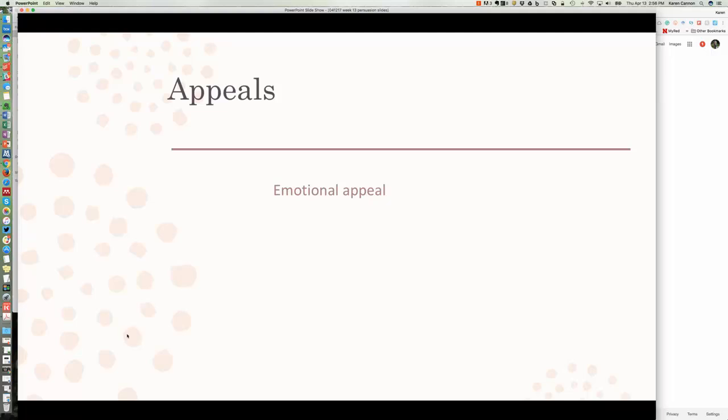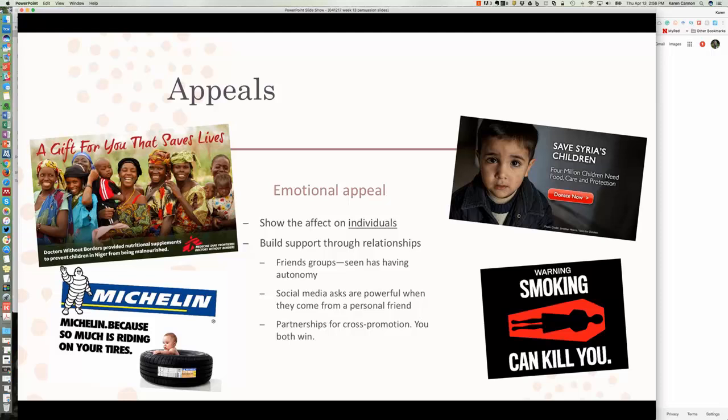The second kind here is emotional appeals, and emotional appeals generally show the effects on individual people or groups of people. So examples like these: a gift that saves lives to Doctors Without Borders.